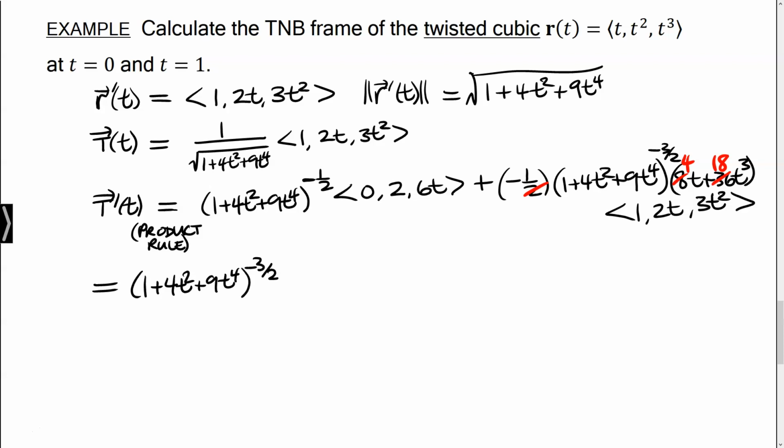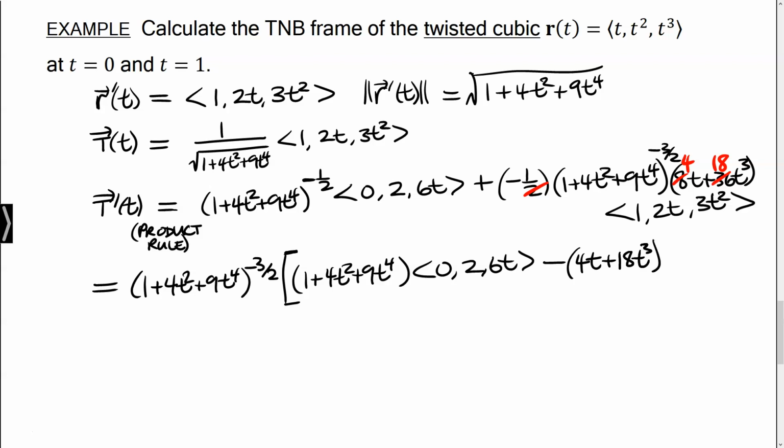Now remember, when you factor that out, we're going to be left with 1 plus 4t squared plus 9t to the fourth, all to the first power here. So from this first term, we've got 1 plus 4t squared plus 9t to the fourth to the first, times the vector 0, 2, 6t. And then we've got a minus 4t plus 18t cubed times 1, 2t, 3t squared.